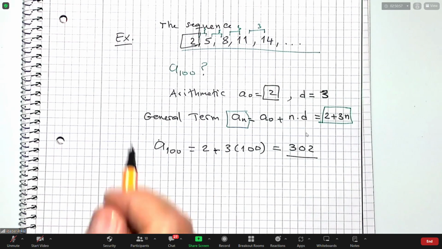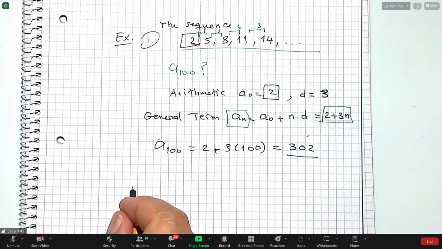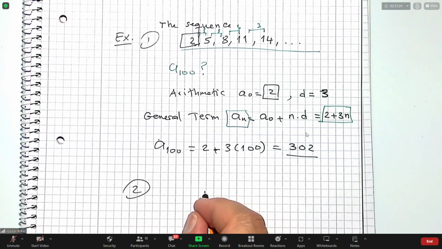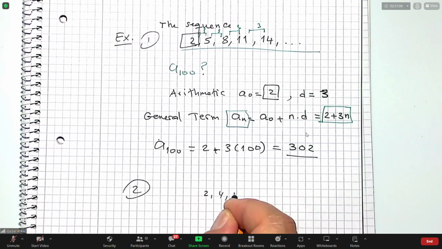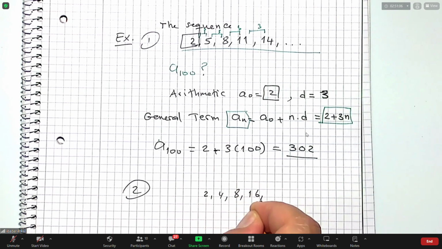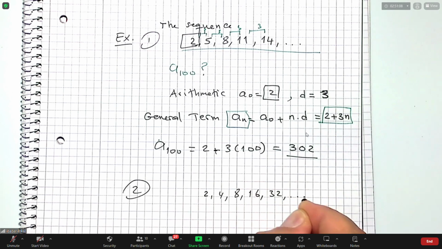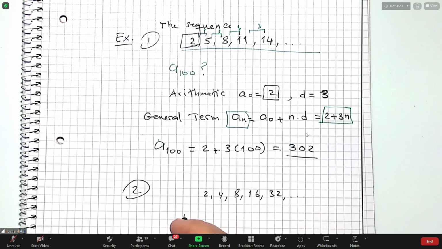Now, geometric sequences. So this is the first. For geometric sequences, you have, let's say, 2, 4, 8, 16, you know the sequence from the binary system. Here, if you divide 4 by 2, it equals 2, right? 8 by 4, so divide by the previous, 2 and so on.